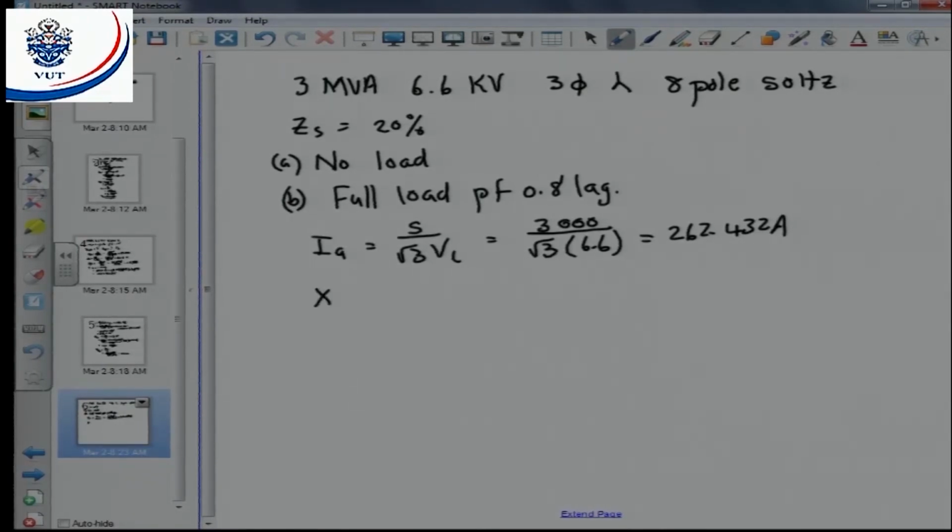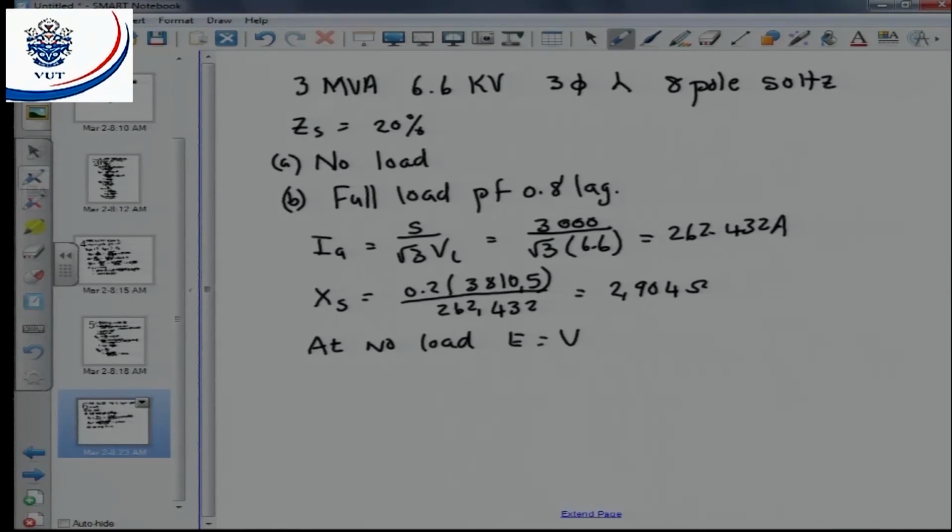Convert the per unit reactance to actual value, so that will be 0.2 times 3810.5 divided by the current of 262.432, which gives us a value of 2.904 ohms. At no load, E is equal to V, and delta is equal to 0.